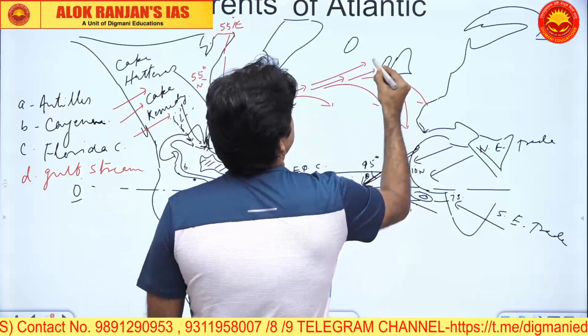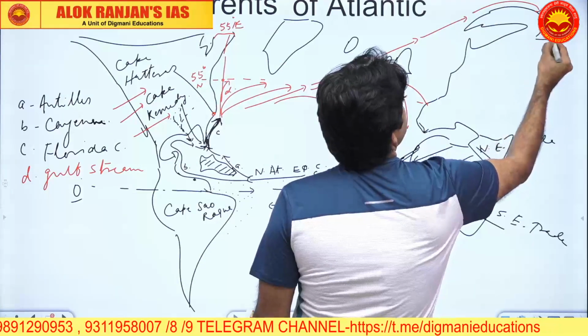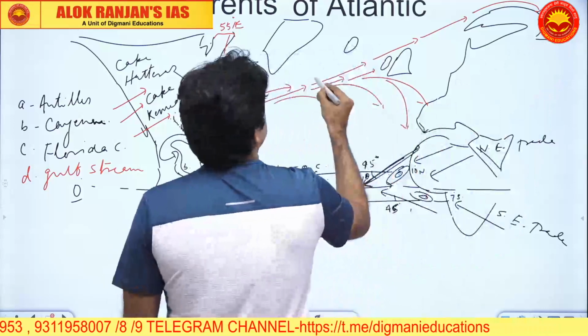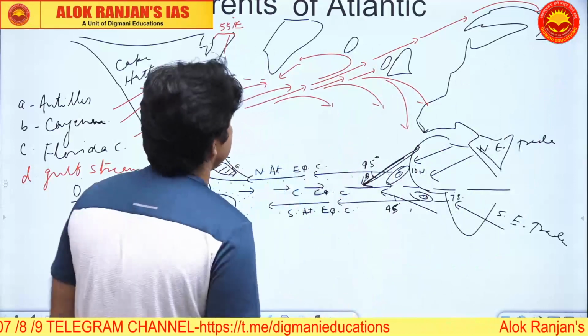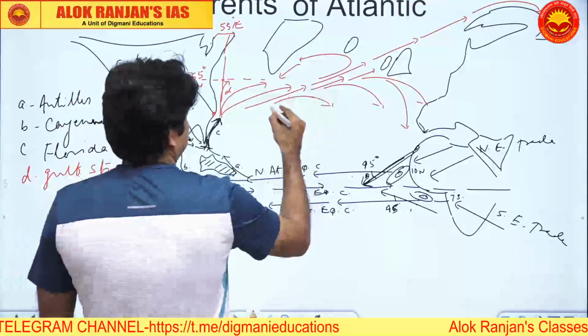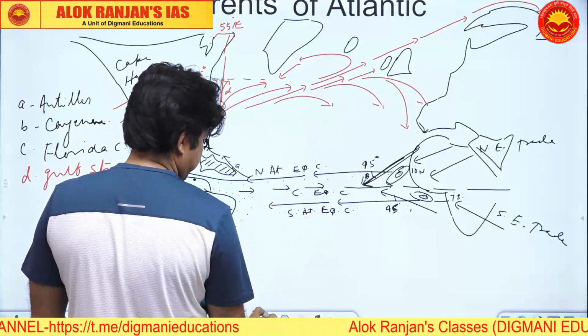This is how these currents will keep moving, and one will turn into this position. So this current in the open ocean will be called North Atlantic Drift.